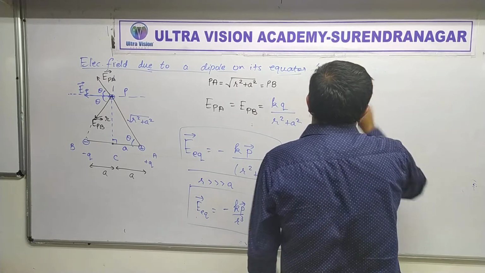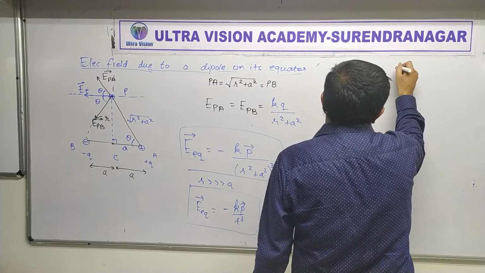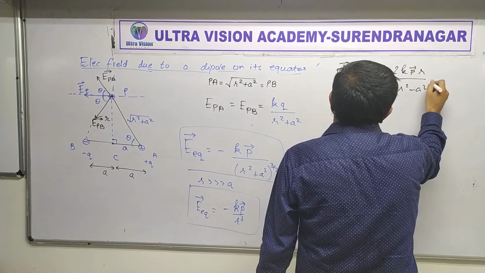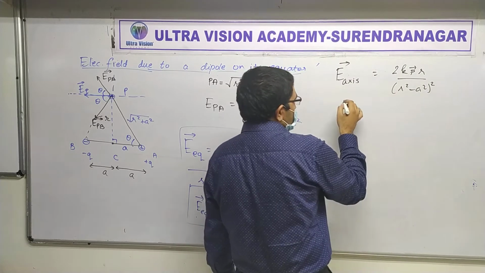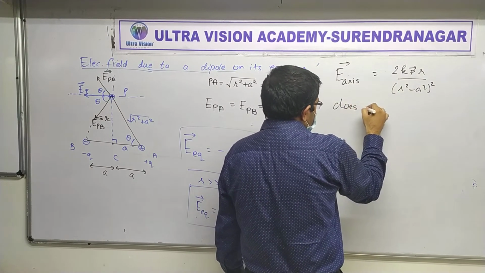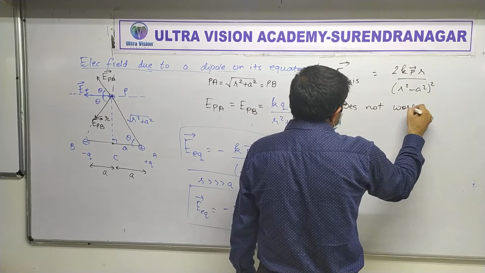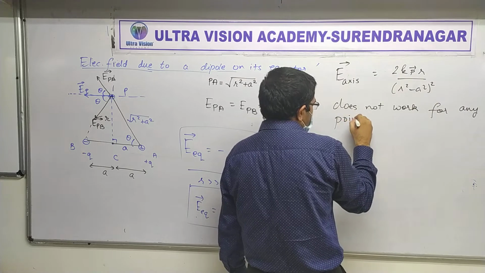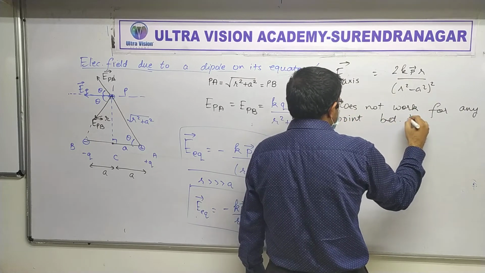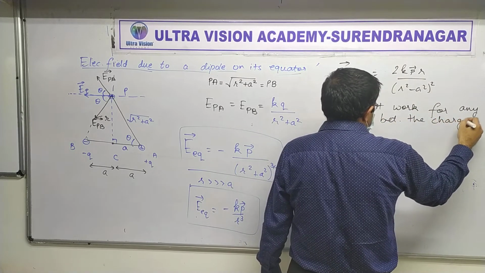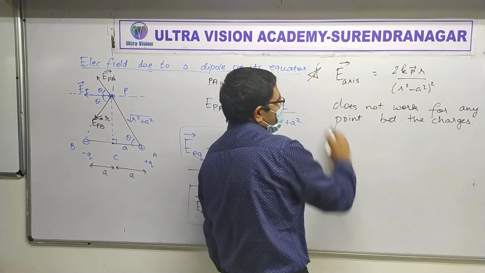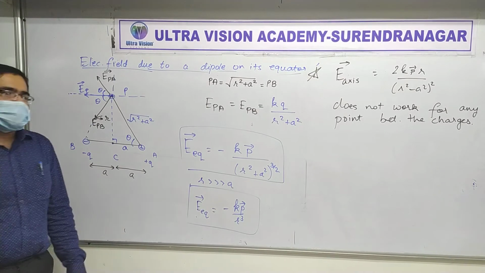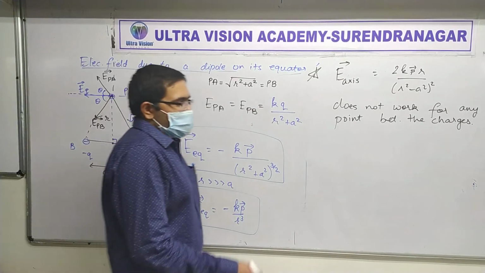The E-axis formula, whichever one, even if you talk about 2kp vector r upon r square minus a square the whole square, even this one, does not work or do not use it for any point between the charges. This formula does not work for any point between the charges. It only works on the outer side.